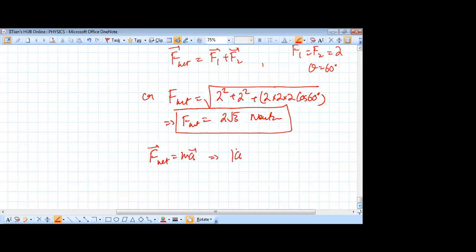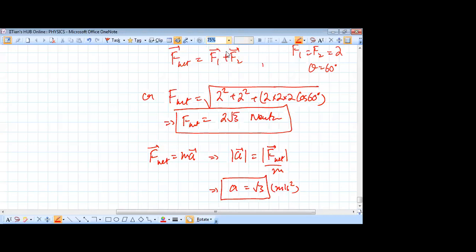So the magnitude of the acceleration is the magnitude of net force divided by the mass. So the acceleration magnitude is becoming √3 meters per second squared because the mass was 2 kg. So this is the complete solution of this question.